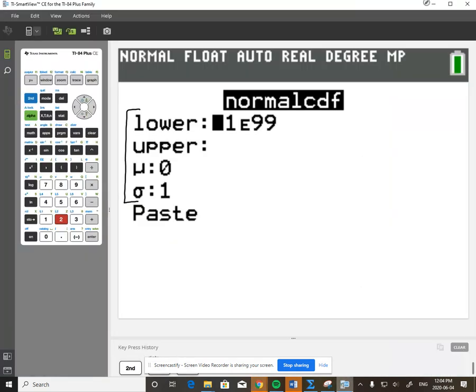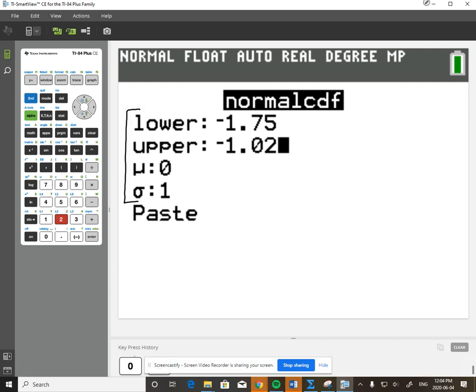So when I go into my calculator, the lower limit is negative 1.75, and my upper limit is negative 1.02.